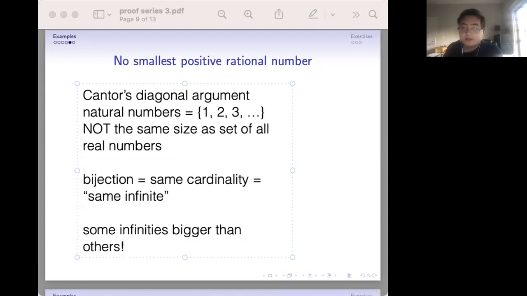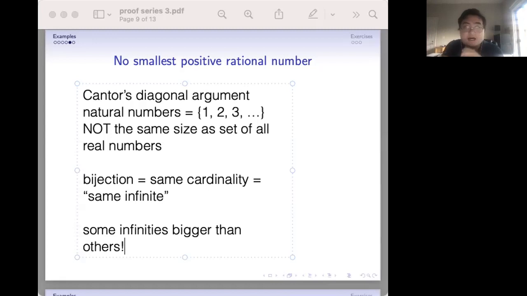Aleph null, by the way, is what's called the cardinality of the natural numbers, right? Any set that has a cardinality bigger than Aleph null is considered to be uncountable, where the natural numbers are countable because you're counting them 1, 2, 3, 4, 5, but you can't do that with a set that's bigger than that, which can't be put in bijection with the naturals.